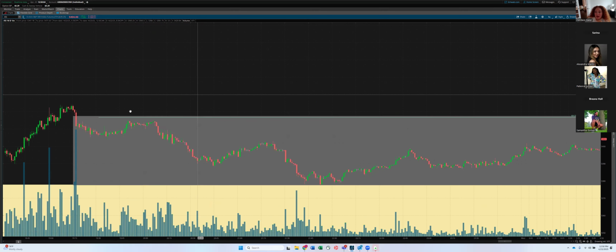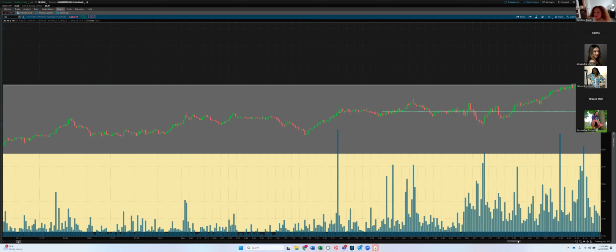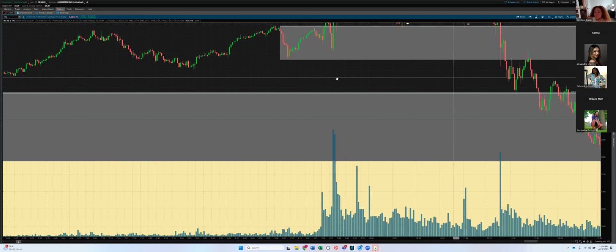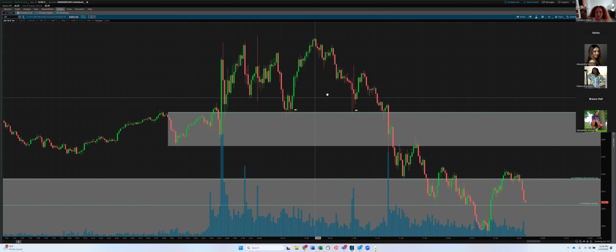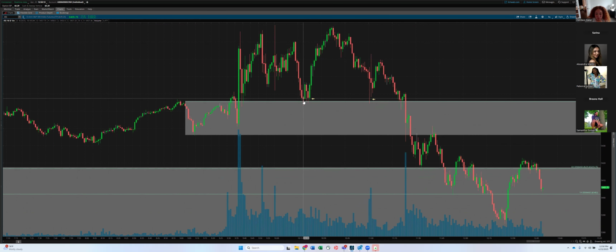If you look at what happened today, it just gave us a nice straight drop into the level. So I don't want to see it sitting around here for a minute, and finally after it's sitting around, then it decides to go in.